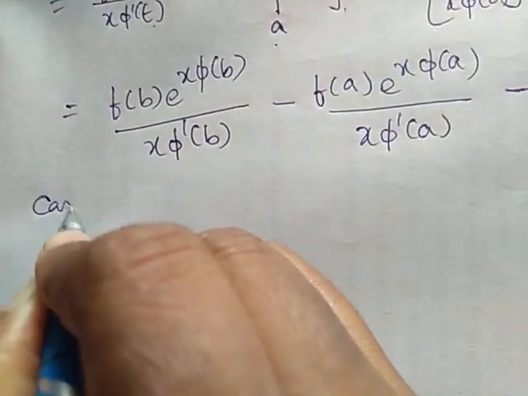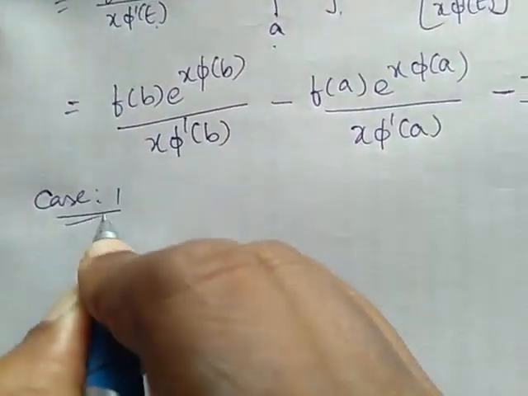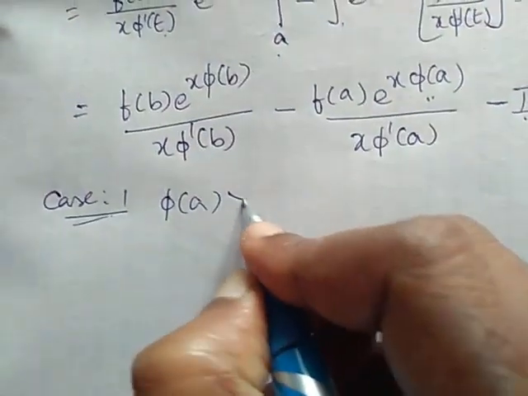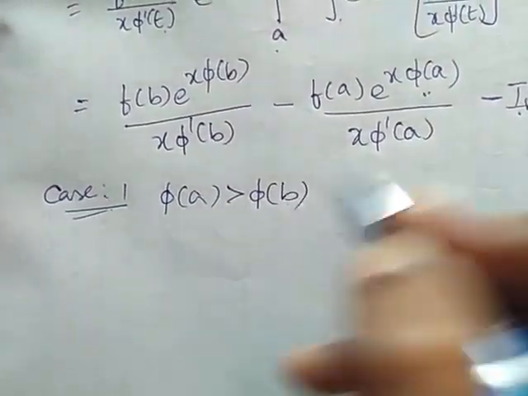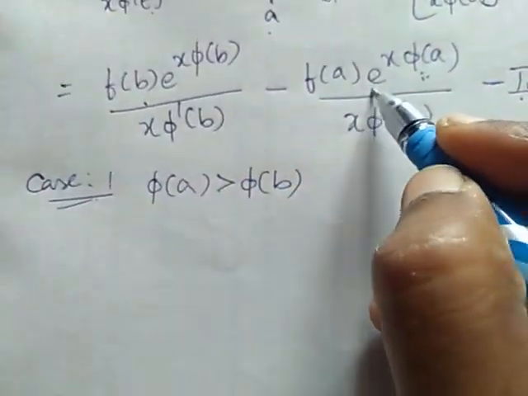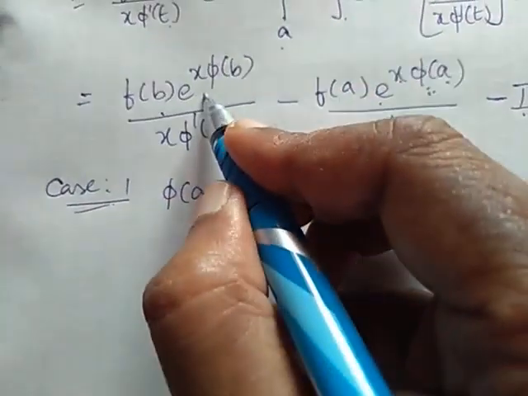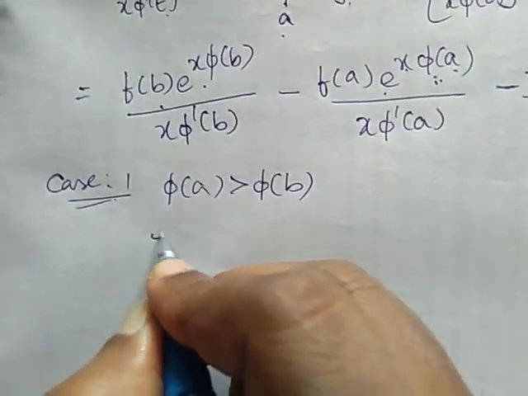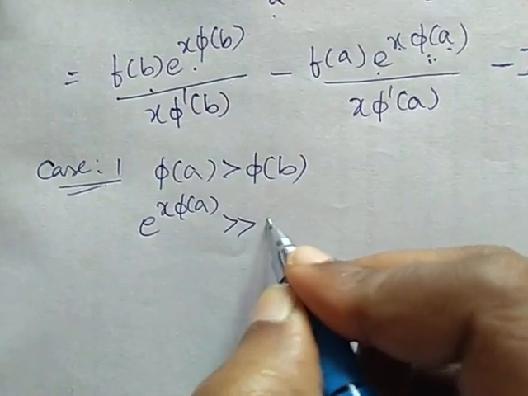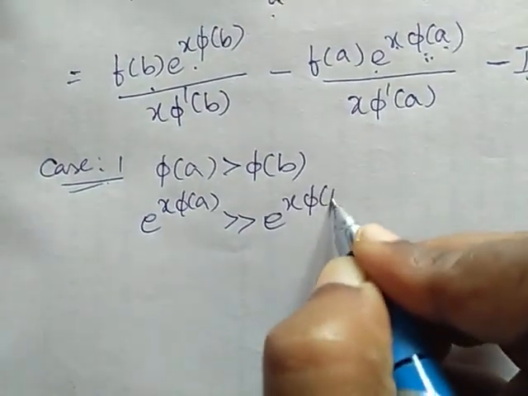So we are going to consider a few cases. In the first case, if phi of a is greater than phi of b, obviously e power x phi of a is very much greater than e power x phi of b.